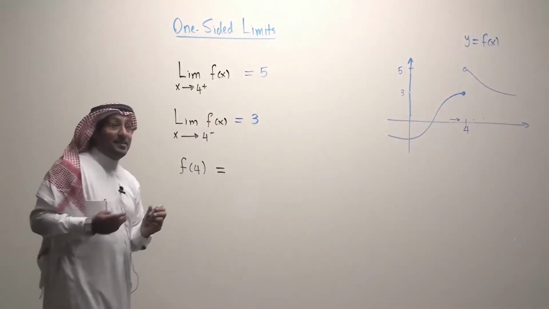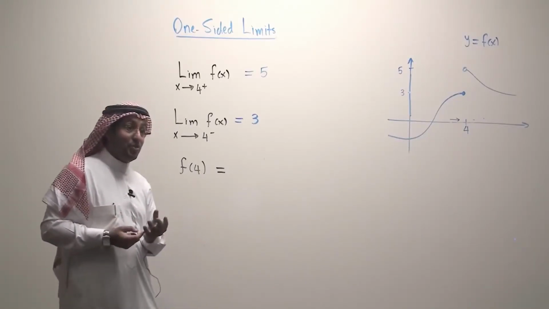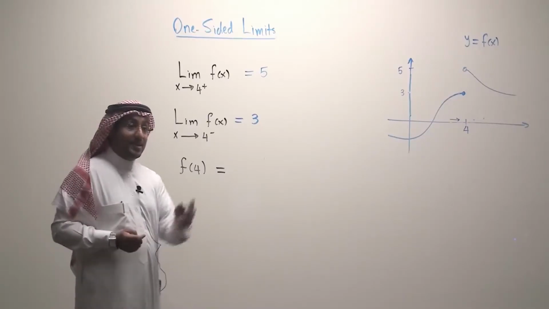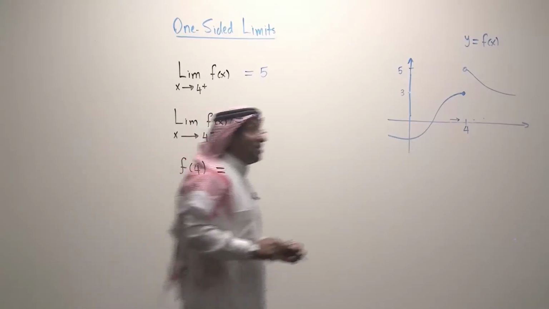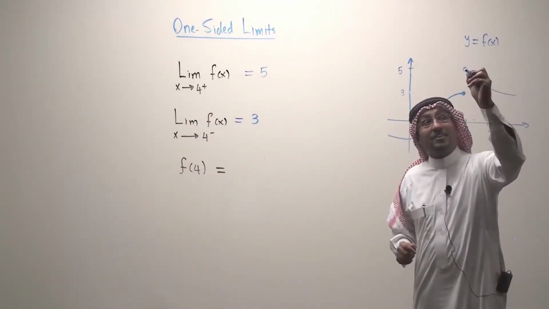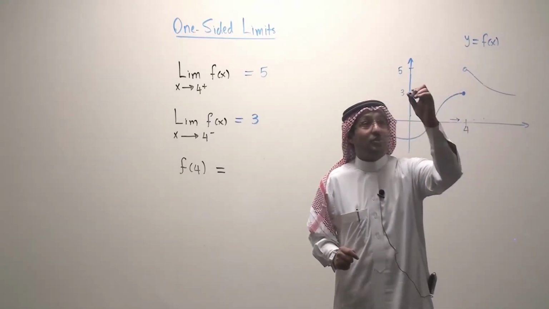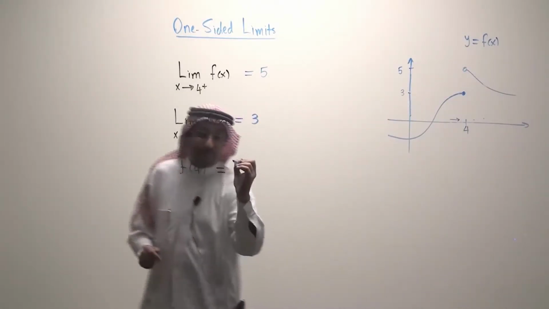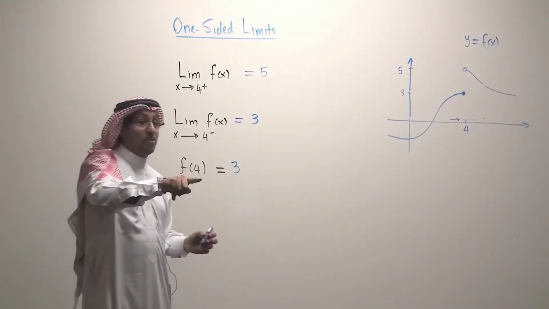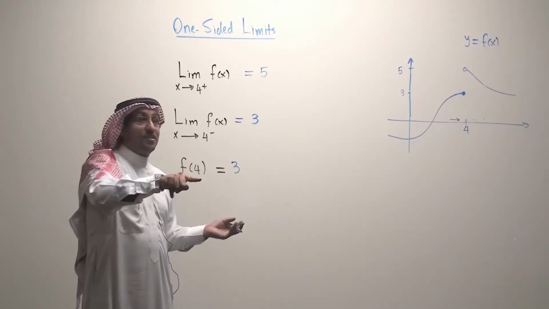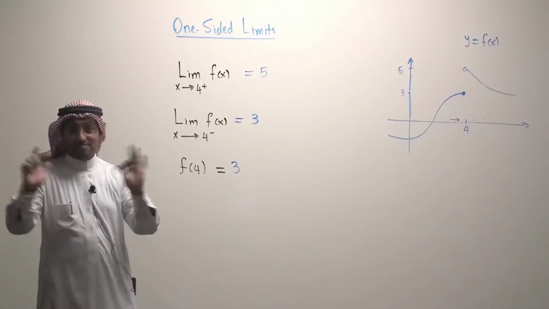So we see here in this example, the limit of the function from the right-hand side at the point 4 is different from that from the left. And you see the value of the function at 4, it's not this value because it's open, it is rather this value, which is 3. As you see, the value of the function at some point could be very different from the limit of the function to that point.